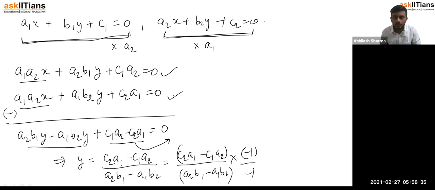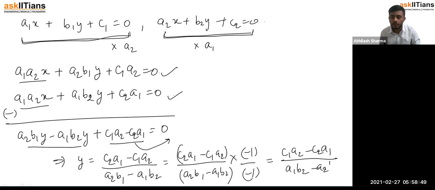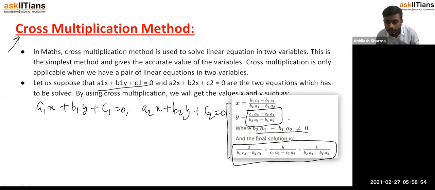Obviously we can multiply numerator and denominator by the same term. Then this will also give us C1A2 minus C2A1 upon A1B2 minus A2B1, which is precisely the same quantity as that given here.